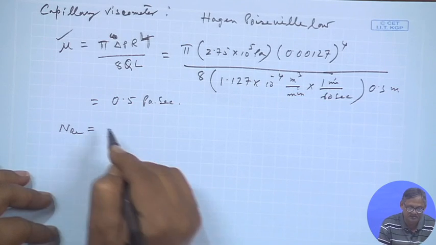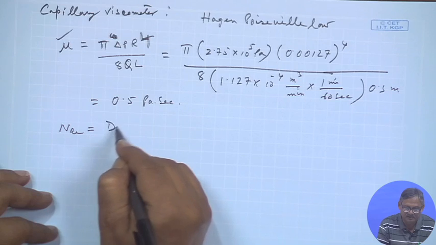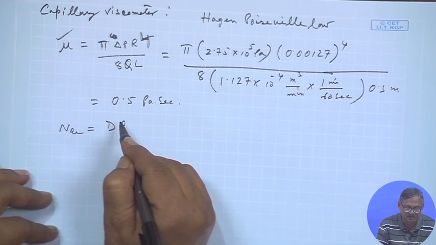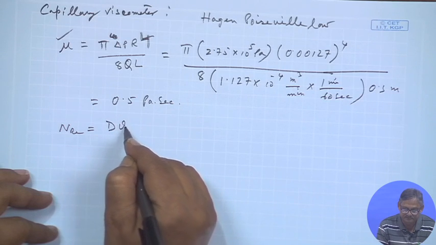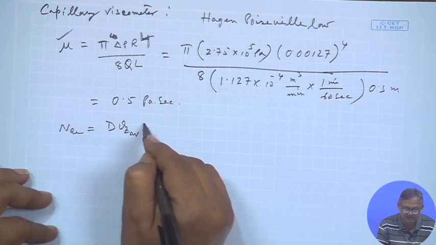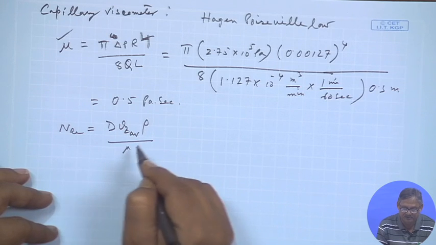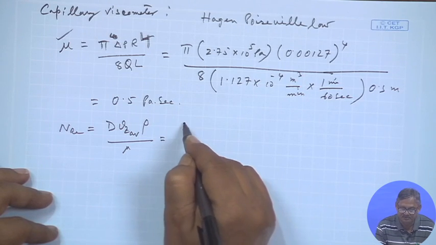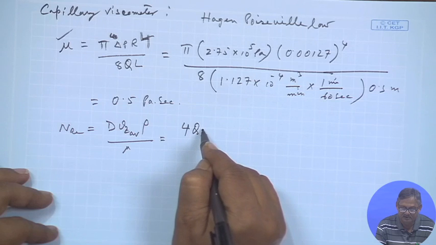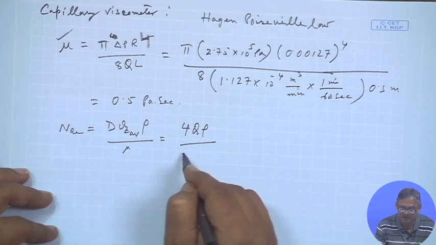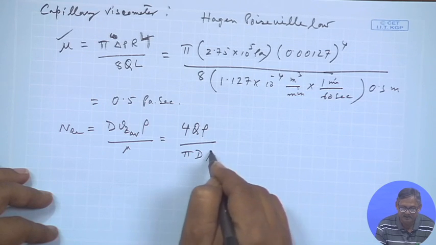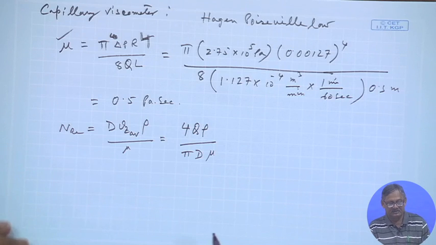NRE is equals to d Vz average into rho by mu, that is equals to 4 q rho by pi d mu.